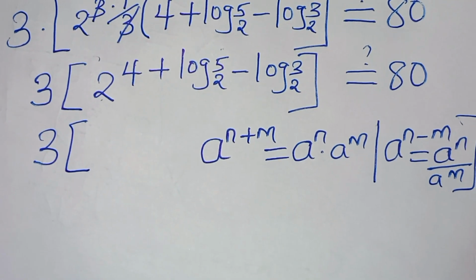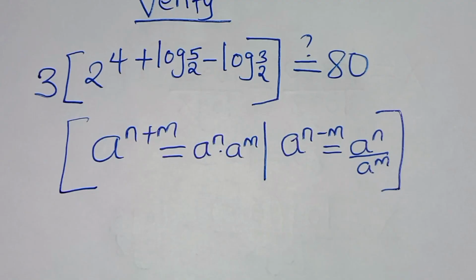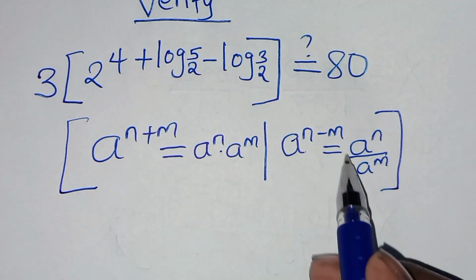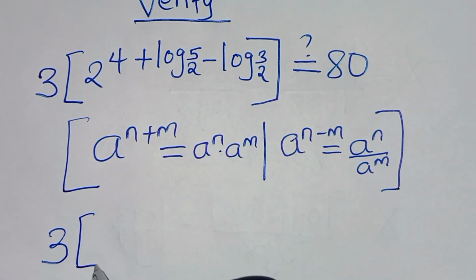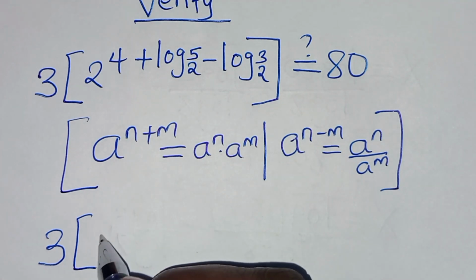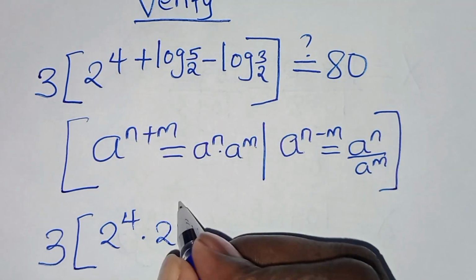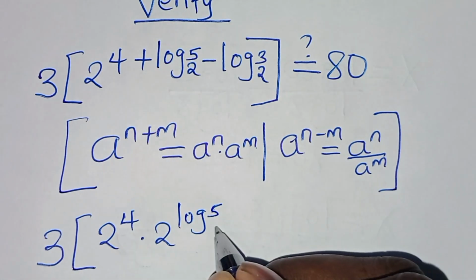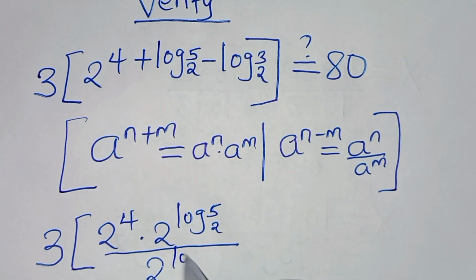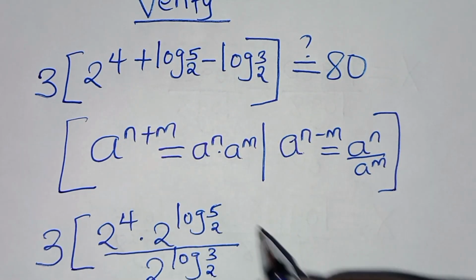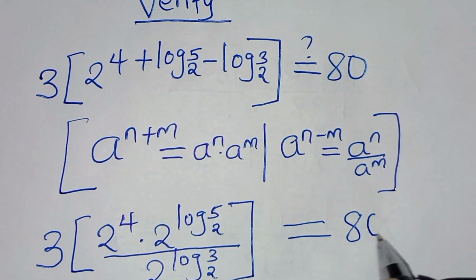Applying these two exponent properties, we have 3. Now into the parentheses, this is 2 to the power of 4 times 2 to the power log 5 to base 2 divided by 2 to the power log 3 to base 2, close the bracket. This is supposed to give us a value of 80.